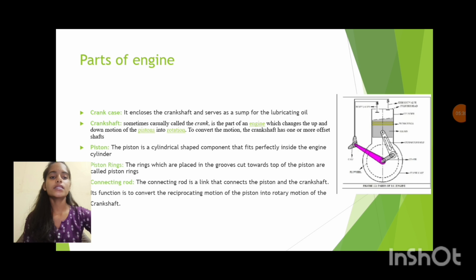The piston is a cylindrical component that fits perfectly inside the engine cylinder. Piston rings: the rings placed in the grooves cut towards the top of the piston are called piston rings. Connecting rod: the connecting rod is the link that connects the piston to the crankshaft. Its function is to convert the reciprocating motion of the piston into rotary motion of the crankshaft.